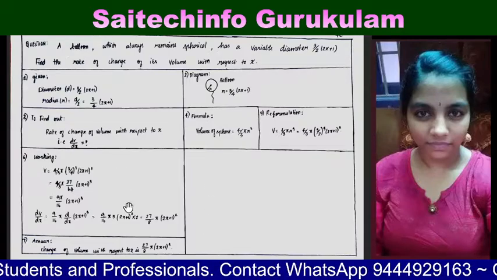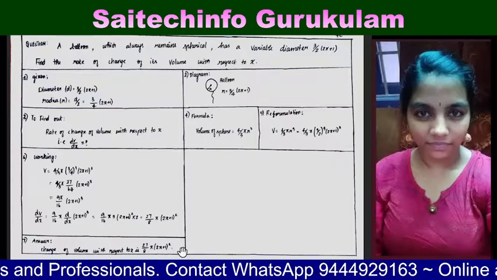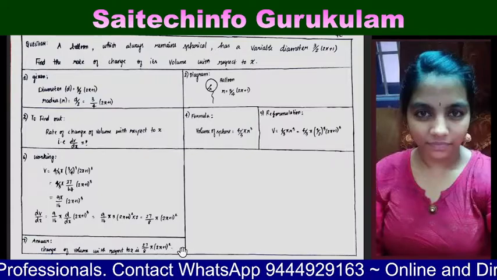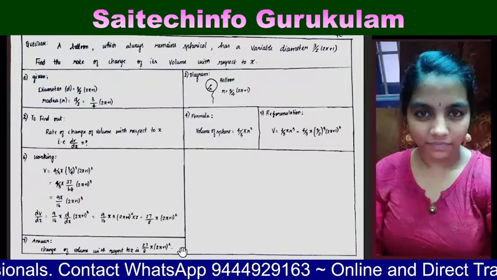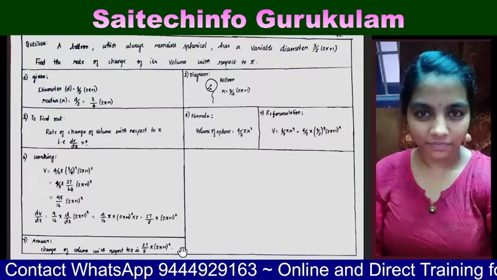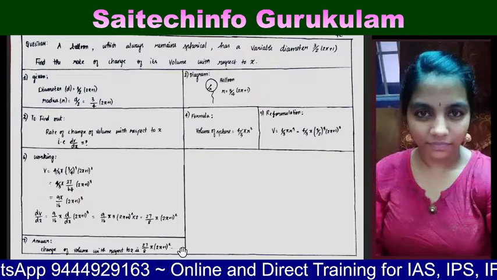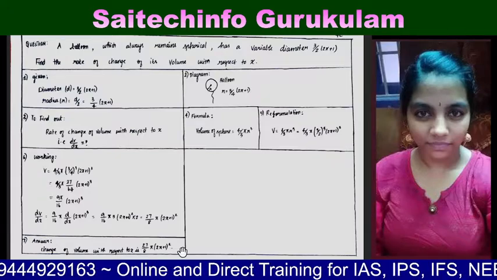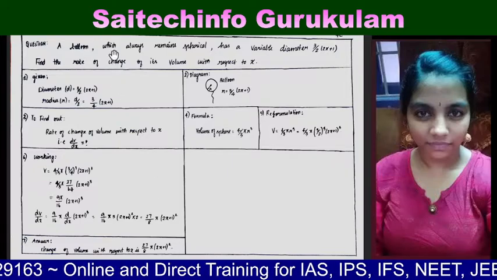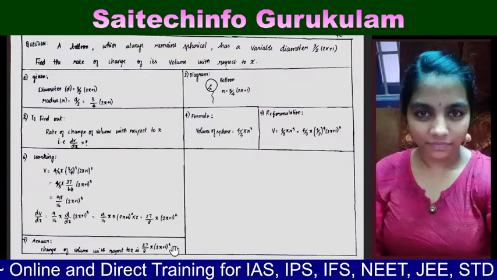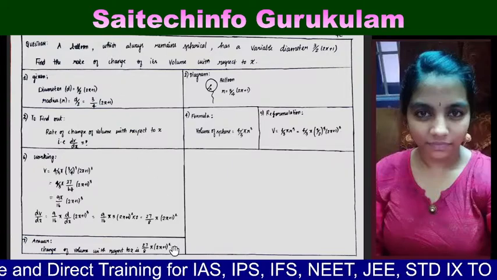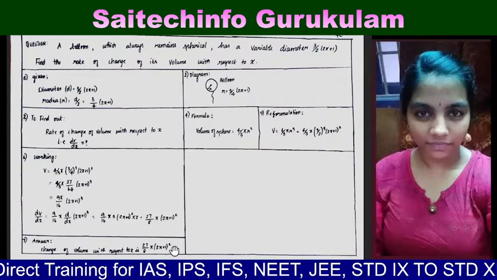So the final answer is 27 by 8 pi into 2x plus 1 the whole square, where I have cancelled this 2 and 16. Therefore, the change of volume with respect to x is 27 by 8 pi into 2x plus 1 the whole square.